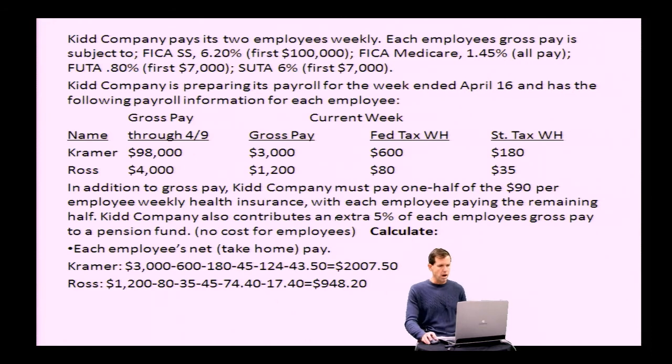Do the same thing with Ross. We take the $1,200 minus all of his deductions and get the $948.20. So you might take a second here and just confirm all those numbers, make sure you know where all those numbers came from, and that you indeed can calculate net pay.